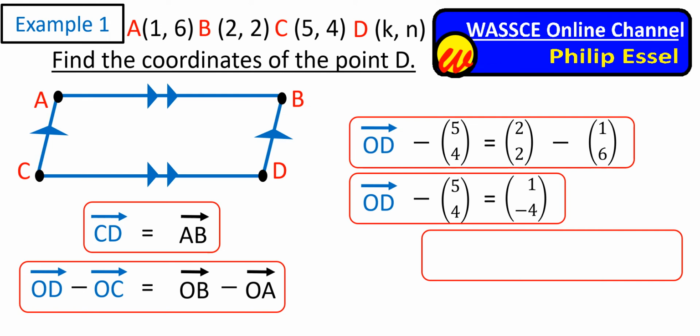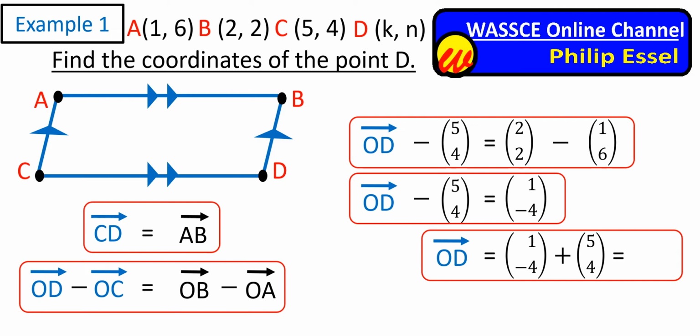So let's quickly do this movement. When we do this, we will get our vector OD equals the vector 1, negative 4, plus the vector 5, 4.